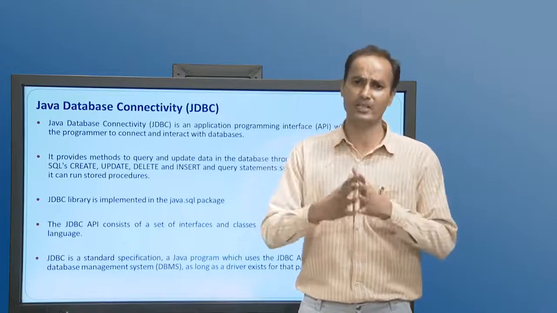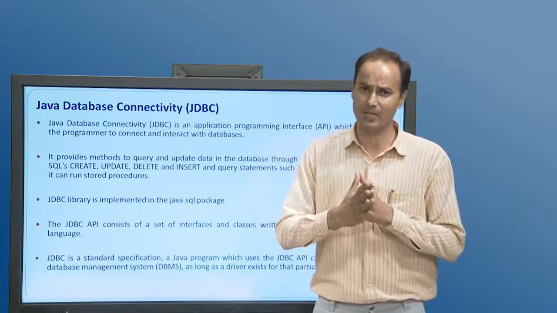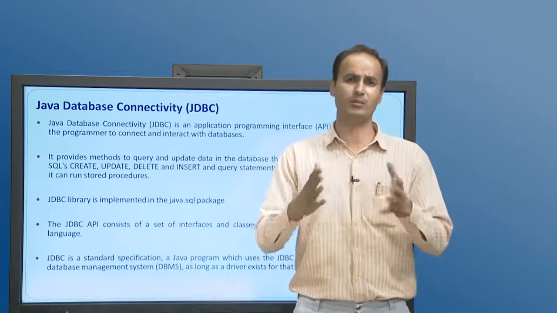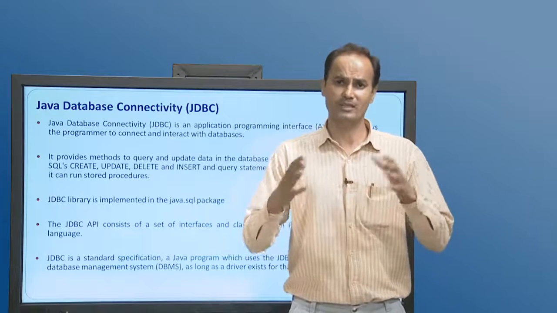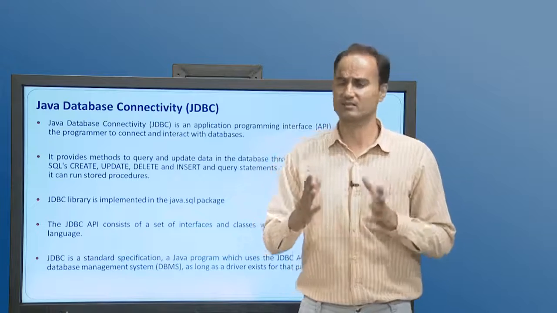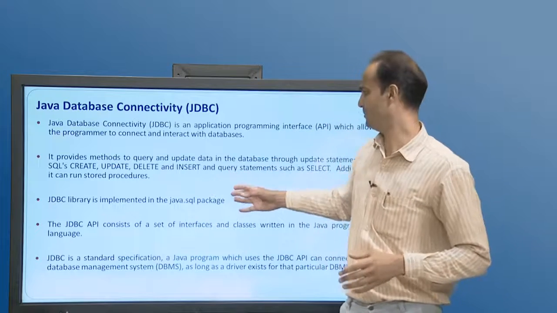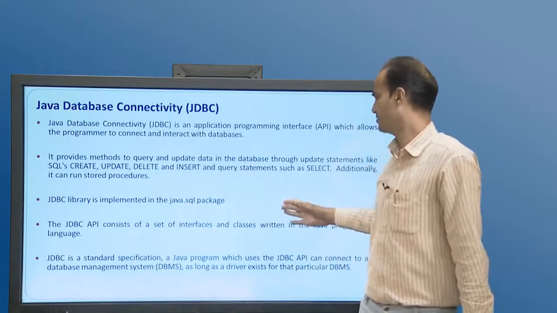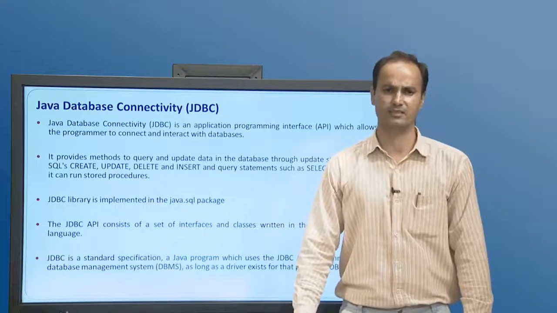We can perform all of these using the JDBC API, because the API provides a number of classes and interfaces that are implemented to perform Java database tasks. The JDBC library is implemented in the java.sql package, and as I said, it consists of a set of interfaces and classes.